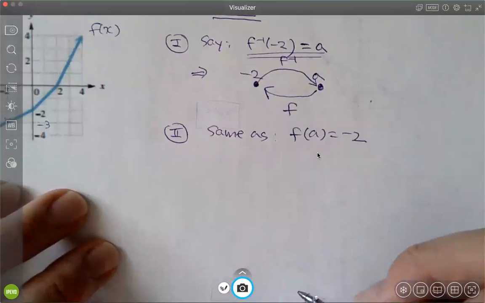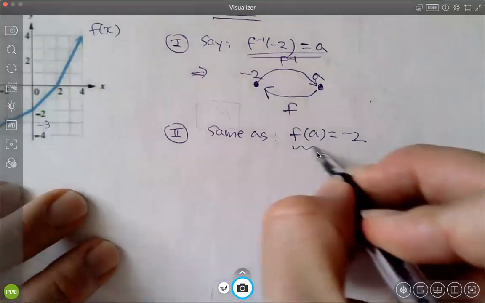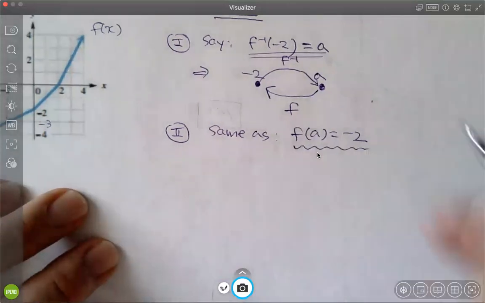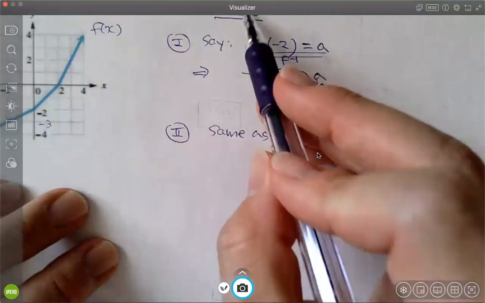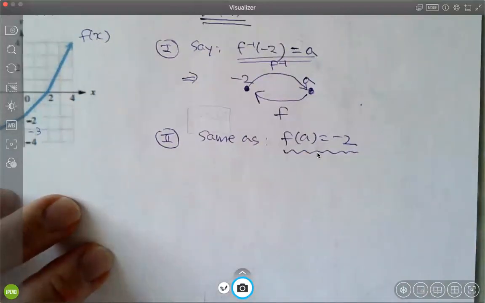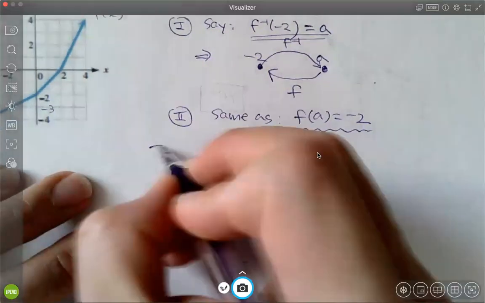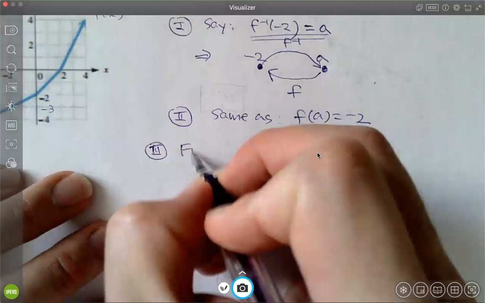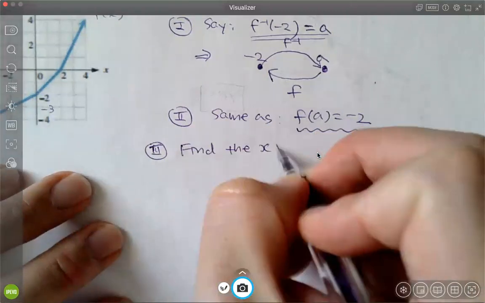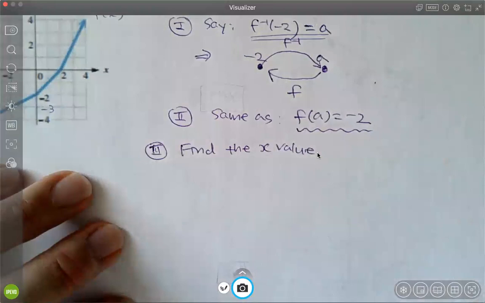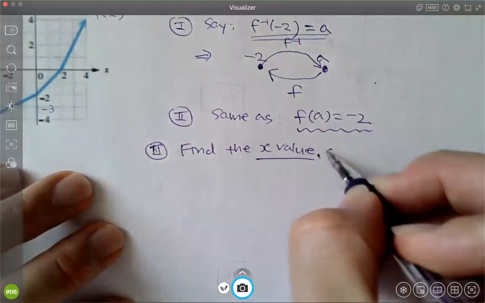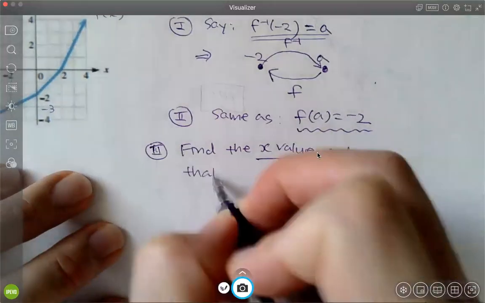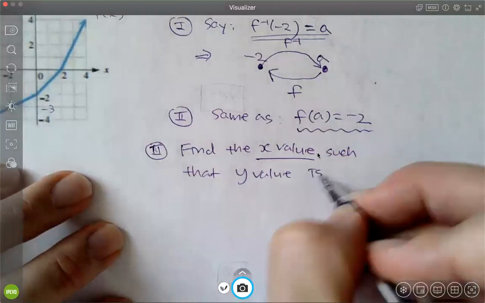Okay, so now the starting point is a and the end point is -2. So what does this imply? -2 becomes what? The x value or the y value? The y value, right? Yes. Okay, so now what do we have to do? Find the x value, which is a, where the y value is -2, right?